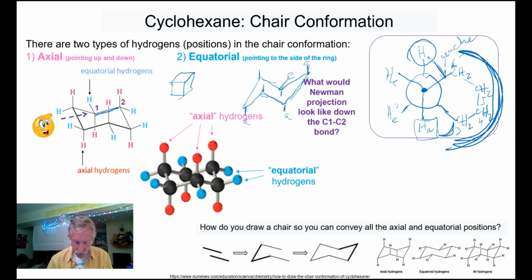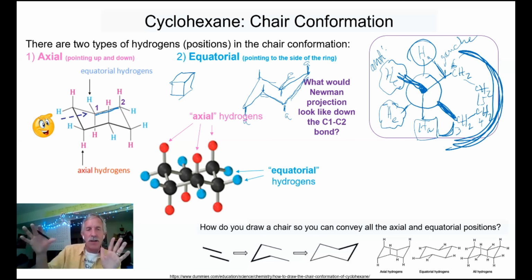Notice if you're equatorial, life is sweet. Notice this equatorial position on the front carbon here is, yep, you got it, anti to the ring. So putting groups, hydrogens, whatever, in the equatorial position, that position is much less likely to have any form of steric interference and steric strain because it is anti to the bulky ring.